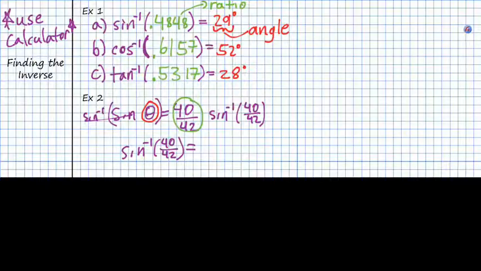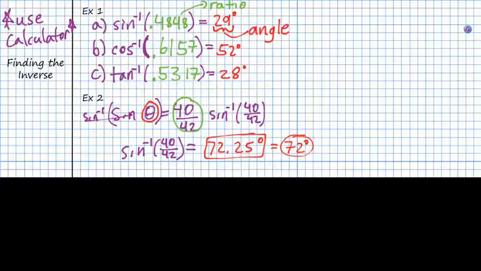Now I can plug this into my calculator and solve for theta. When I plug this in, my output is going to be 72.25 degrees. A lot of the time we're going to approximate that to 72 degrees because it's hard for us to actually measure 0.25 of a degree.